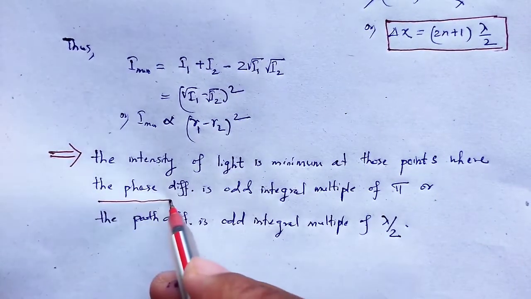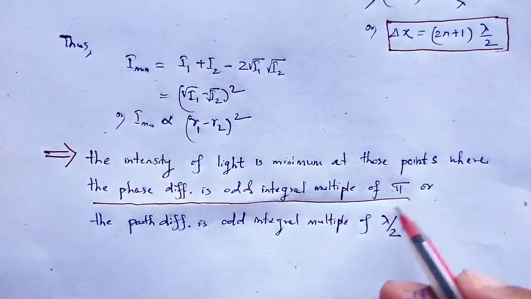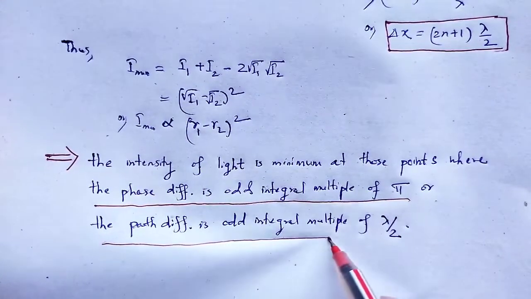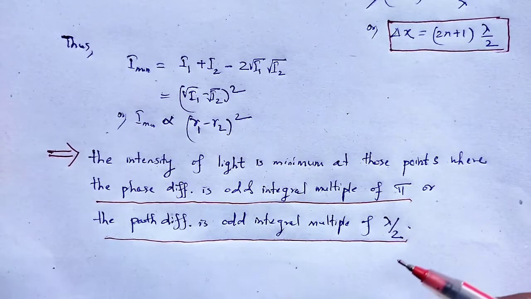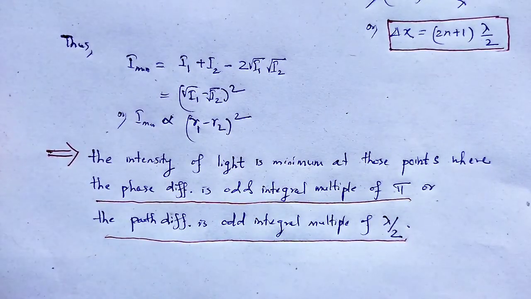When the phase difference is an odd integral multiple of π, or the path difference is an odd integral multiple of λ by 2, that is the condition for minima or destructive interference.